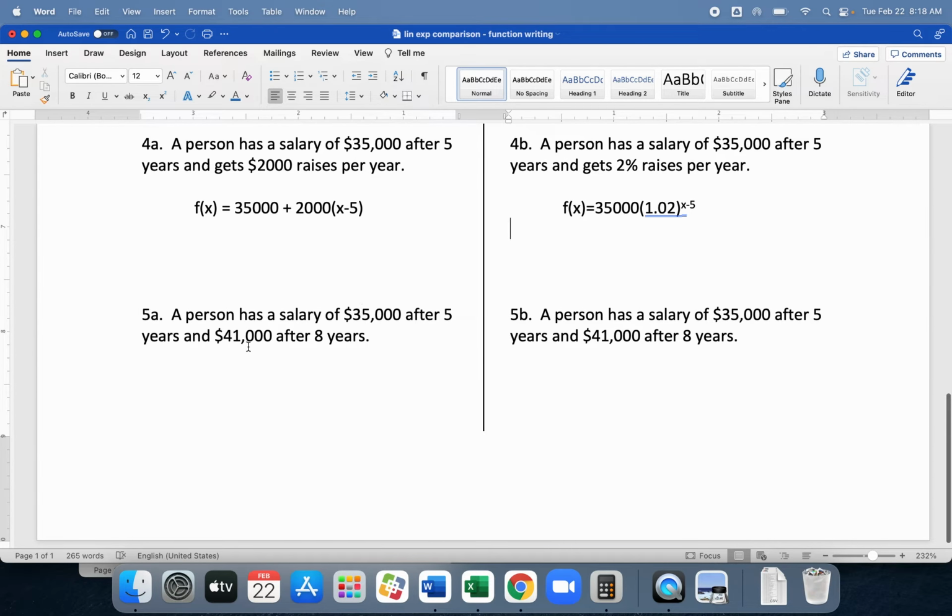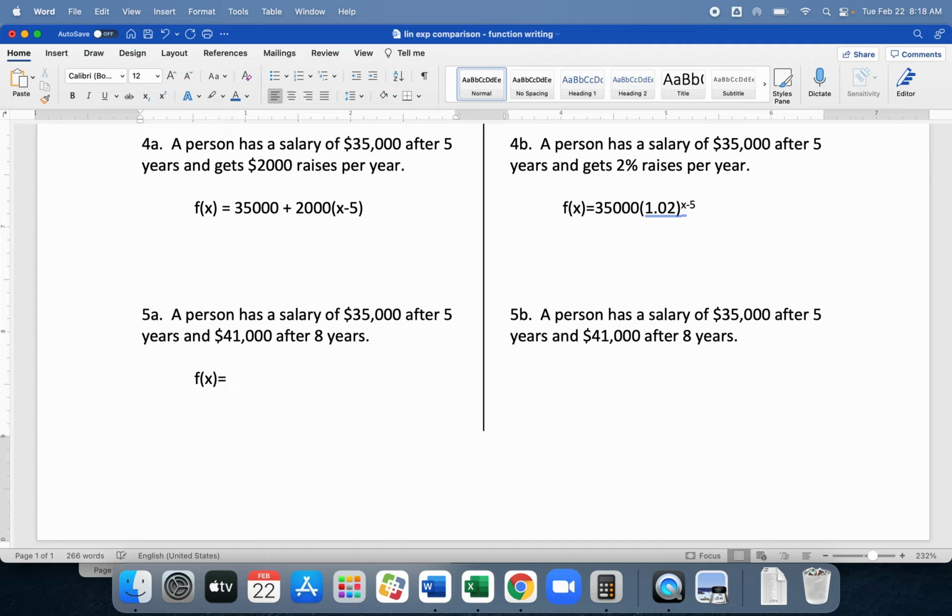All right, so that's $6,000 between year 5 and year 8. Just find the slope, or increased by $6,000 over 3 years. So that's $2,000 per year if we're going with equal yearly raises. So that's the same increase as before.